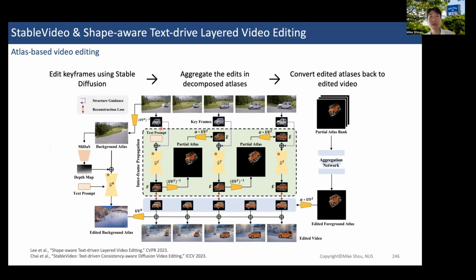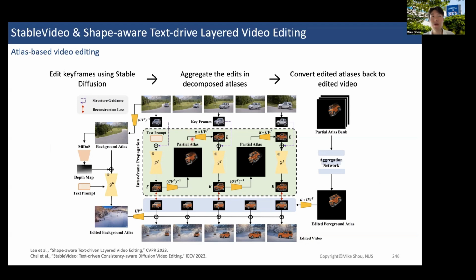So from the first keyframe, still in the original 2D image space, they only mask out the foreground and then project the edited version into the so-called partial atlas. Because it's not an aggregation of all frames, it can only contribute to part of the atlas. So that's why it's called partial atlas.